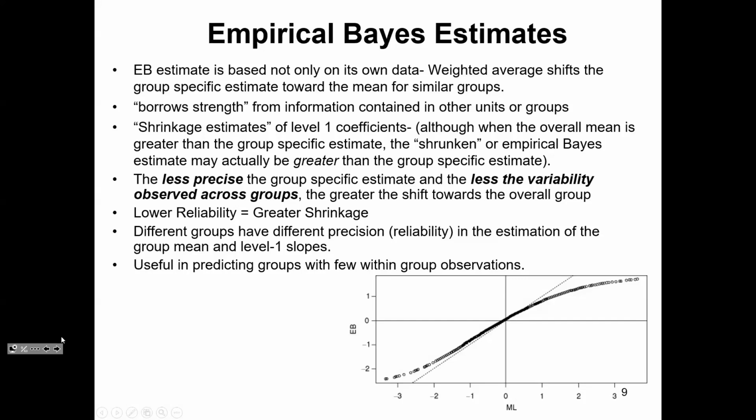Yeah, sure. So shrinkage is a term that people use, but it's kind of a confusing term. Let's just say these dots are actually what the group means would be, plotted on this diagonal line. Imagine these are the cluster means.